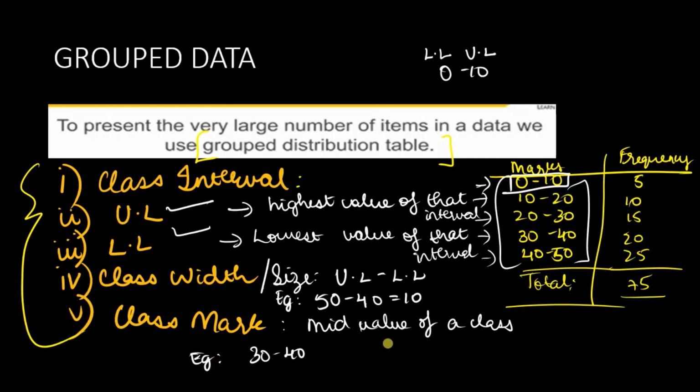The formula is class mark equals upper limit plus lower limit divided by 2. So here we have the upper limit 40 plus lower limit 30, divided by 2. This is 70 by 2, which is 35. So here the class mark will be 35.